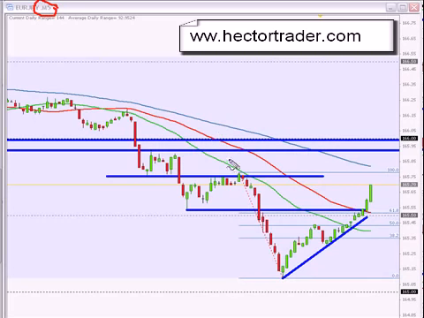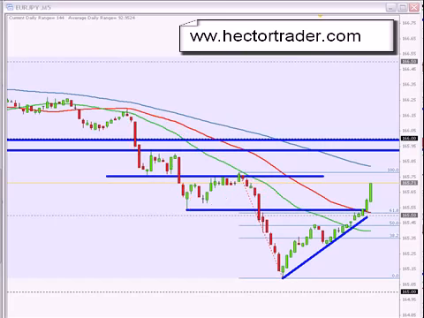Okay, have a look here. Moving averages all pointing down, clearly a trending market to the downside. Price swings down, retraces back to the dynamic area of resistance with a confluence of elements.